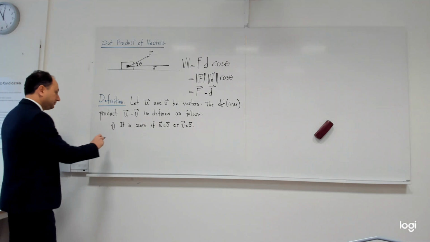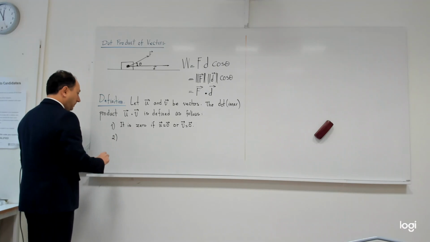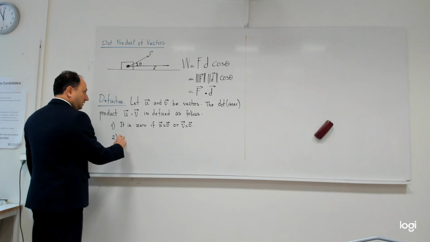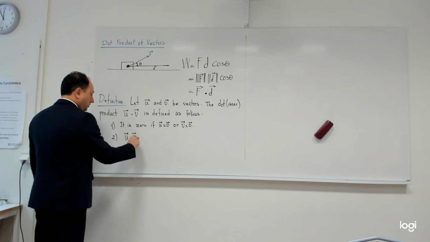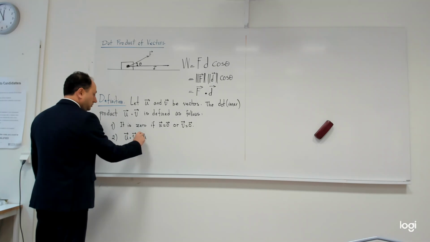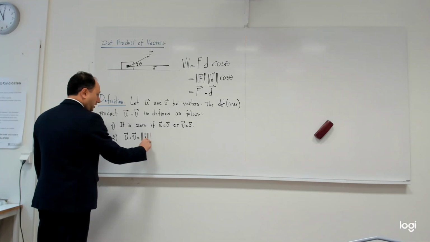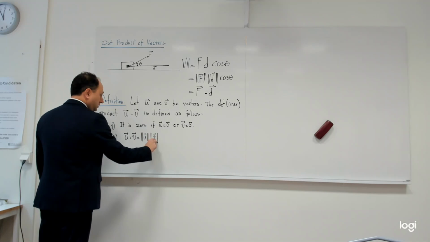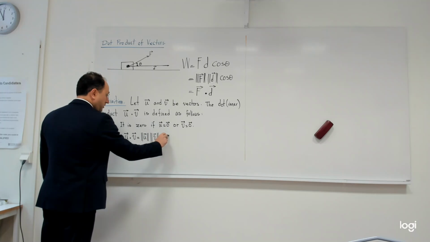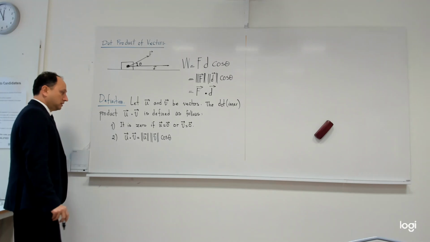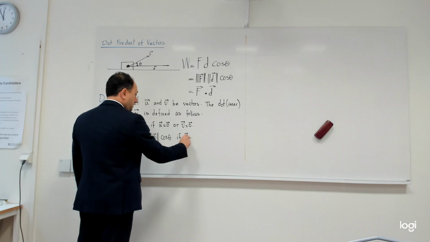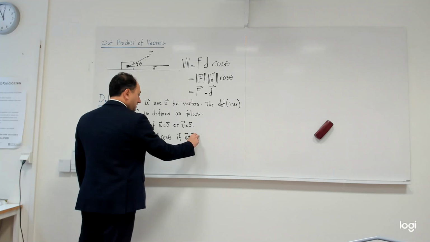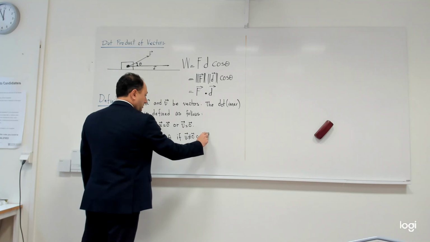Number 2, u dot v is equal to the norm of u multiplied by the norm of v multiplied by cosine theta, where u is not the 0 vector and v is not the 0 vector.